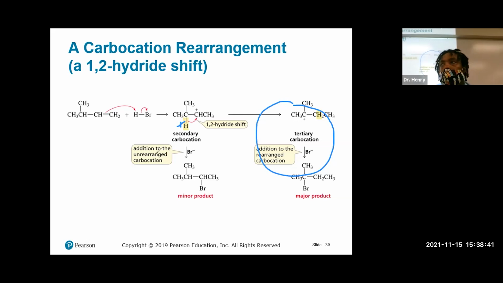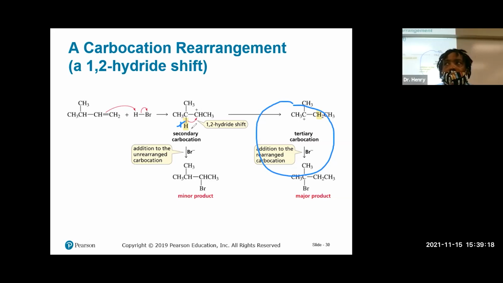Sure. So the electrons are going to start off on the double bond. The double bond transfers its electrons to the hydrogen. The hydrogen transfers those electrons to bromine. So now the bromine has a negative charge. The hydrogen is then going to attach itself to that carbon right here, causing this guy to be a carbocation. That carbocation now is going to have a shift occur.